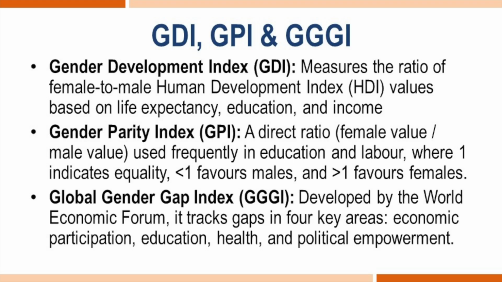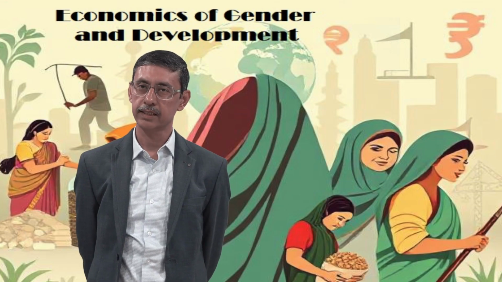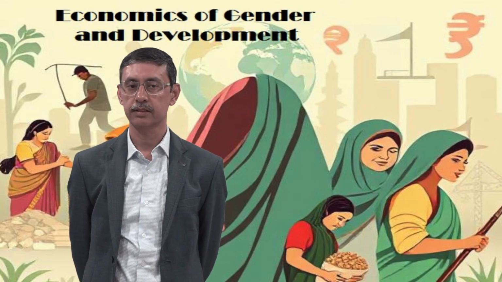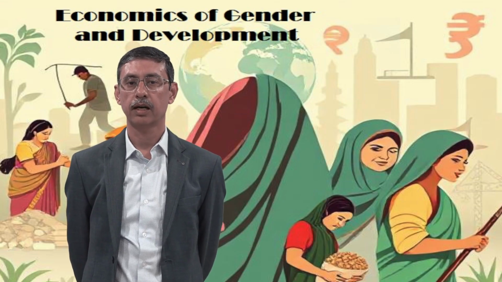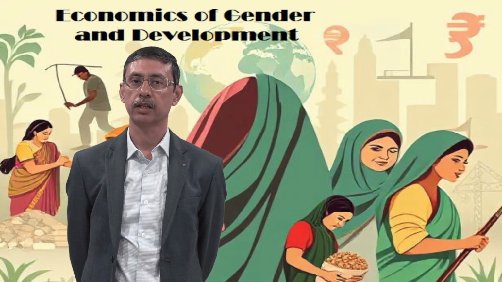Then also the Global Gender Gap Index, which is developed by the World Economic Forum. It takes the dimensions like economic participation, education, health, and political empowerment. And besides these sex disaggregated data, the composite and normal indices, we can also use other inequality measures to measure the gender differences or gender inequality.